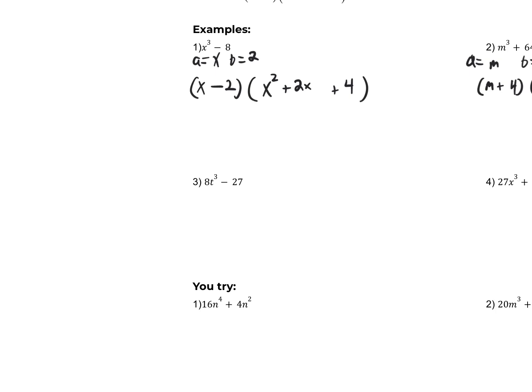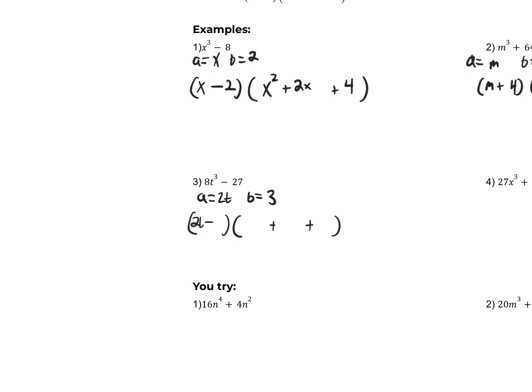All right, 8t cubed minus 27. Both of those are perfect cubes, so we need to figure out our a and our b. Our a is going to be the cube root of 8t cubed, so that is going to be 2t. Our b is going to be the cube root of 27, which is 3. Build our parentheses out. Put in our signs, same, opposite, always plus.